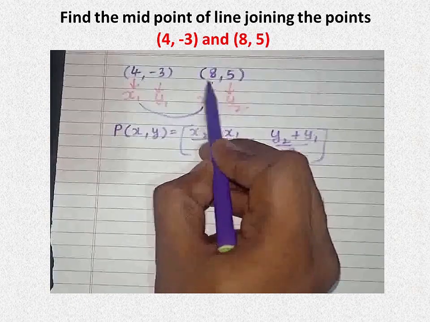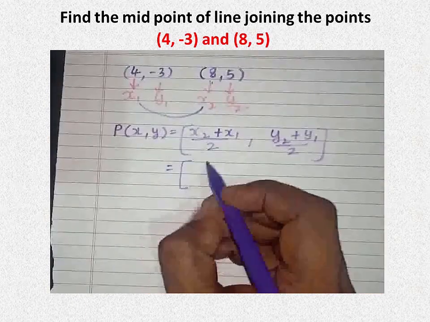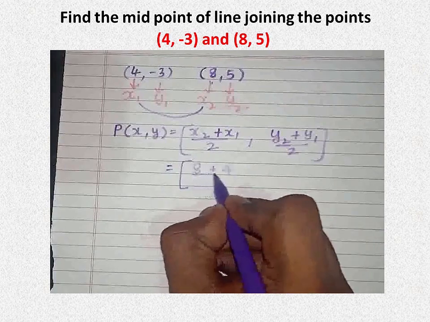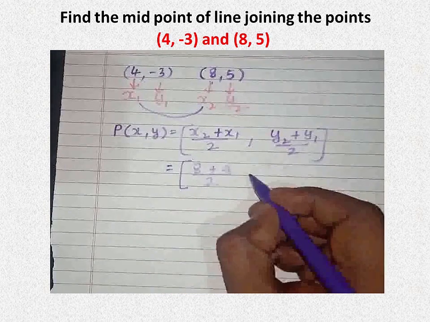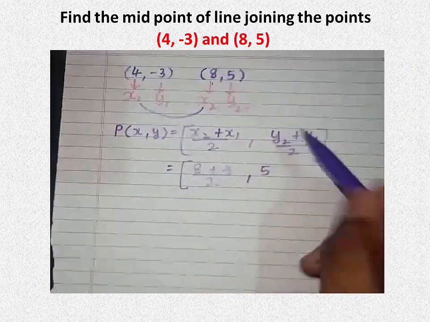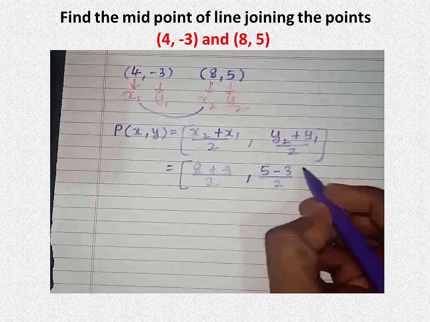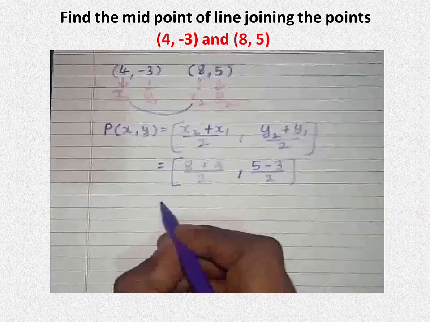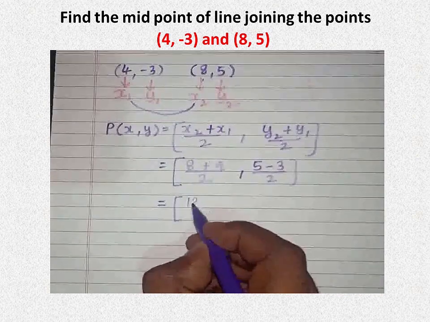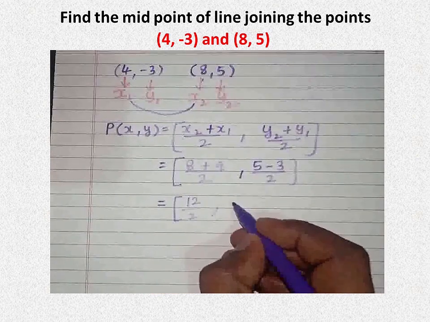Now substitute the values of x1, y1 and x2. So x2 is 8, x1 is 4, by 2. Then y2 is 5, y1 is minus 3. So 5 minus 3 by 2. Now 8 plus 4 will give you 12 over 2, 5 minus 3 is 2.